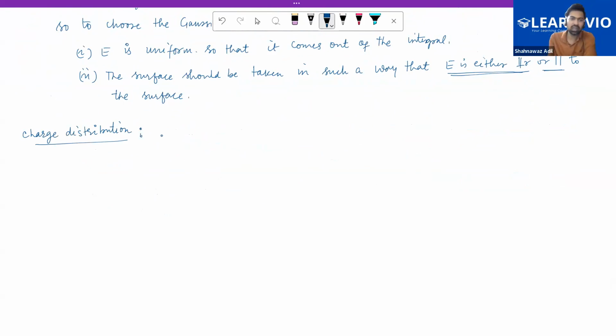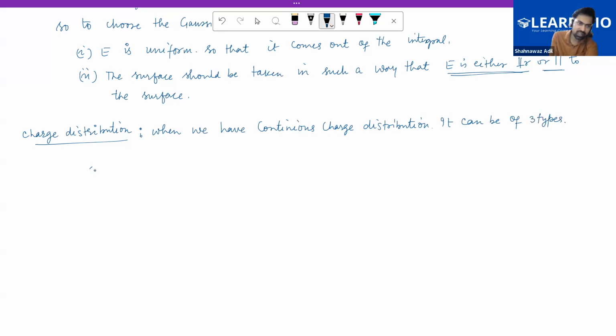When we have continuous charge distribution, then it can be of three types.